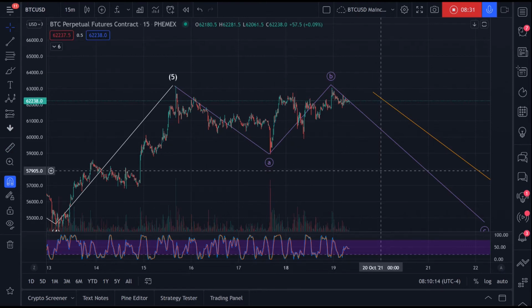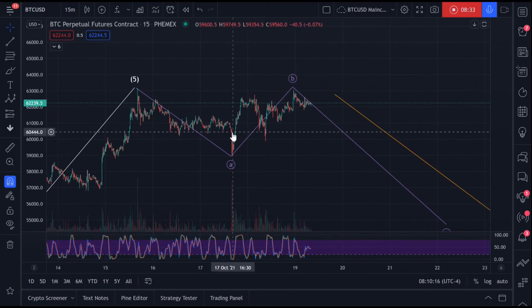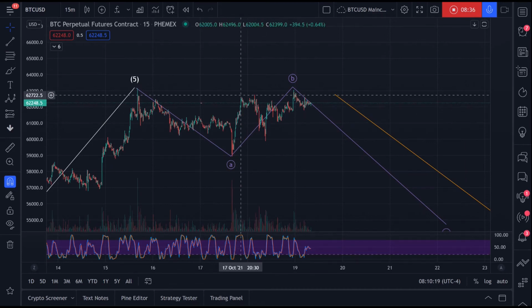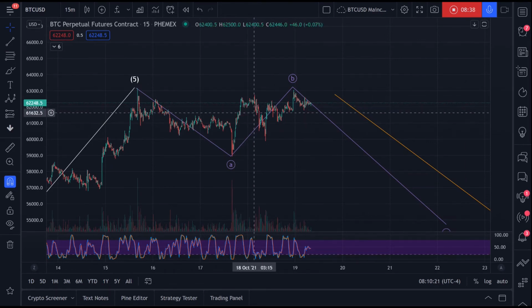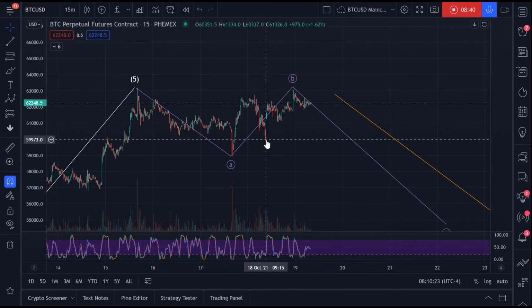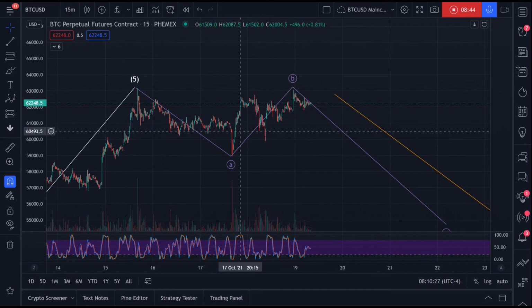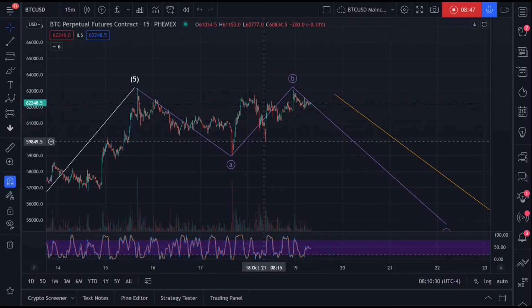So that's what most people expect, but it ran out of steam. So literally, after it formed the A, it formed the B, right? And then the C took twice as long as the A and the B waves took to form, okay?